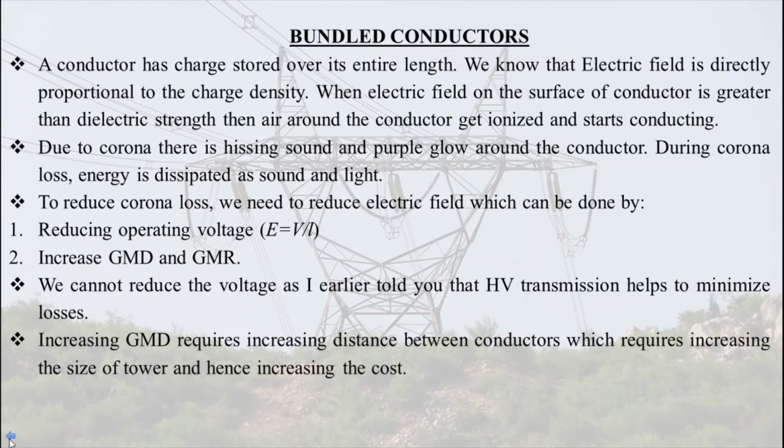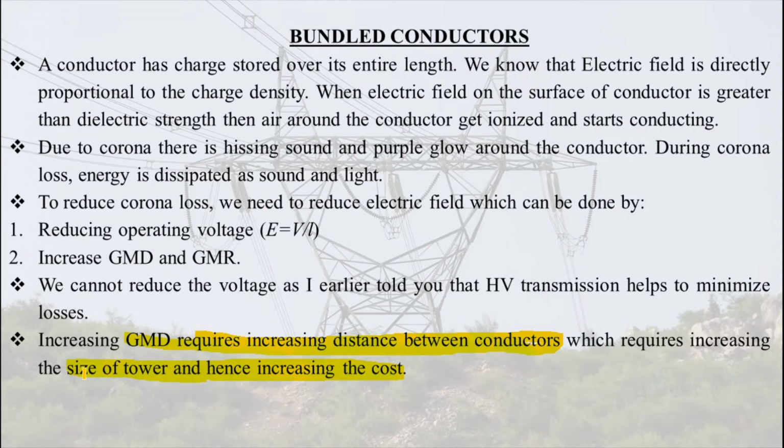Now jump to the second option: if we increase the GMD, it will require a larger distance between conductors, and when distance between conductors is large, then the size of the tower will also become large, and when the size of the tower becomes large, then cost will also increase. So that's why the increasing GMD method is not suitable.